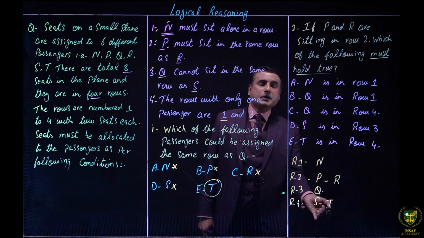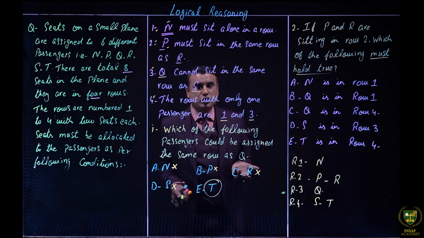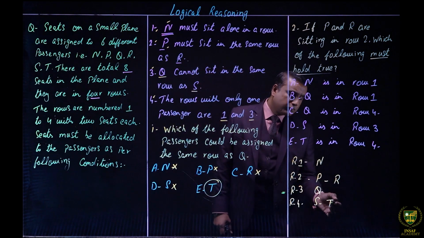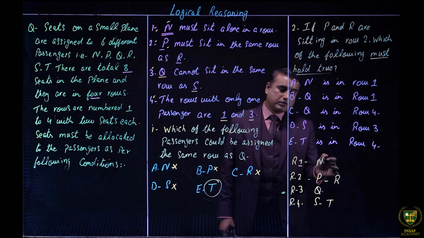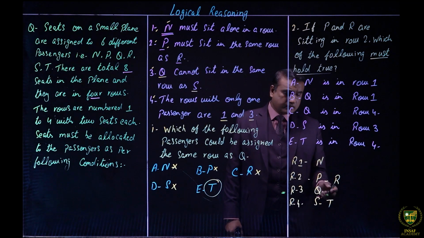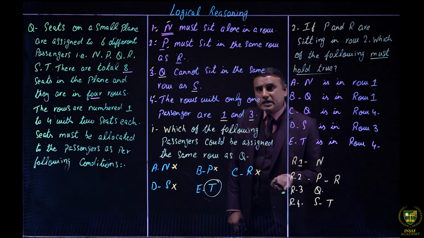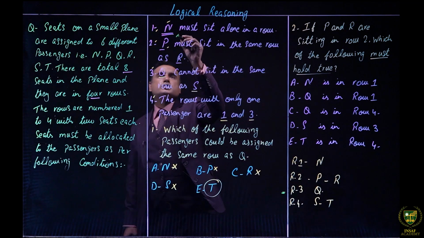So where will we have to bring Q? With S, and that is not possible. Okay, if we move T with N, then N cannot come here. Why? Because N has to sit alone.